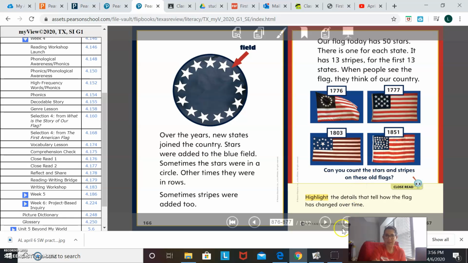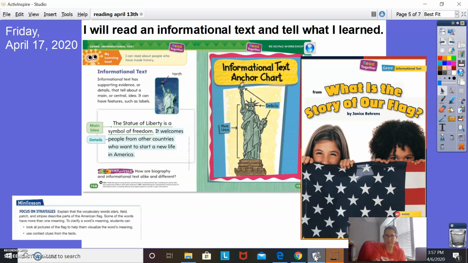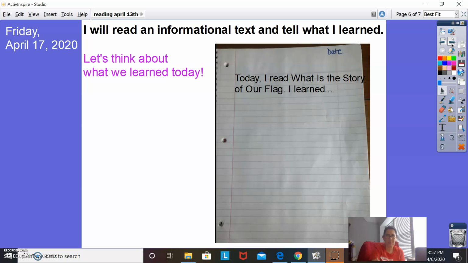So now let's go back to our lesson and let's think about what we have learned today about the flag. Can you think about something new that you learned about this flag? I want you to think about at least 2 things that you learned that you can share with me in your journal here. Let's see.